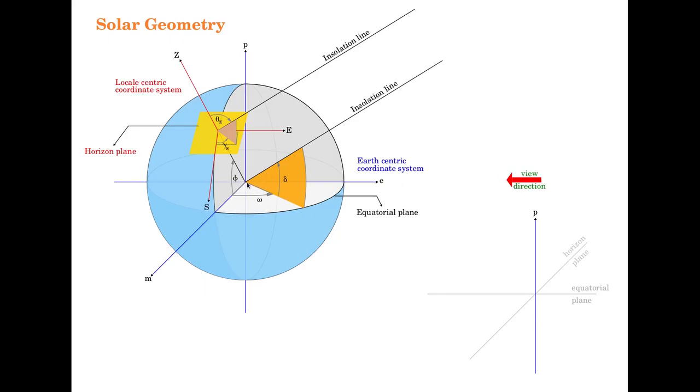And from this view direction we will see this line, the meridional axis. It will appear here. This point would be the two easts, the east of the meridian and the east on the horizon plane. This is the zenith axis.